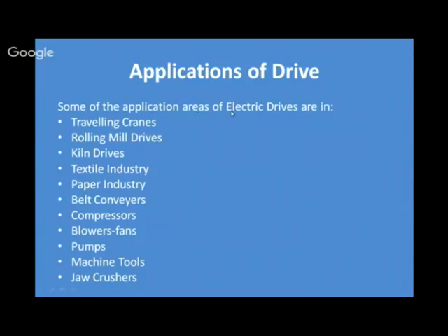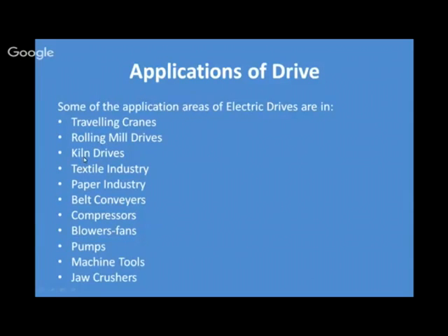Now these are some of the applications of industrial drives. We have drives being used in traveling cranes. These cranes are used in industries to carry a very heavy load from one place to another. So we can have different types of drives here. Then we have rolling mill drives, where we can have the sheet rolling machines.